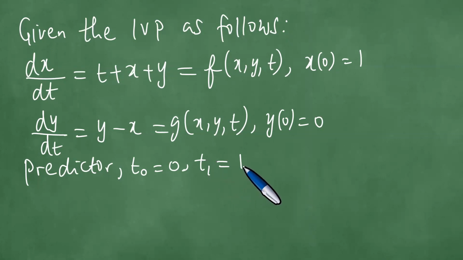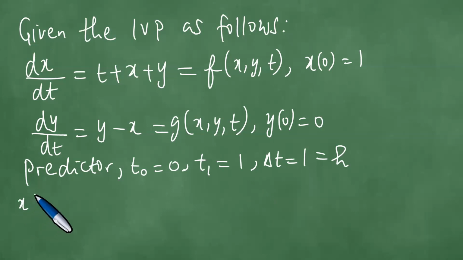T1 is 1 because delta t is 1. So this delta t is like h. If h is 1, then t1 is 1 because you just add the h to the 0 to get t1. So this is just another notation for our standard h symbol, so they use delta t in this question.